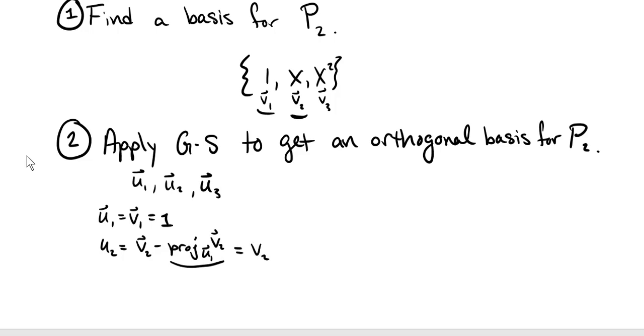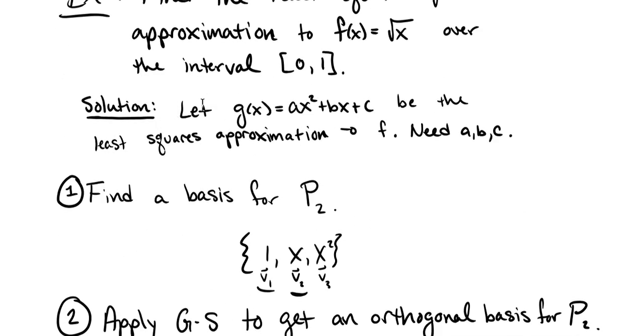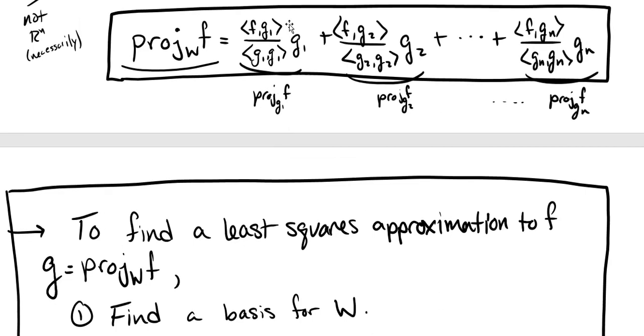This is V2 minus the inner product of V2 with U1, over the inner product of U1 with U1, all multiplied by U1. By what we described up here, this formula for the projection of F onto a vector is exactly what we're looking at when we use those inner products to represent these.